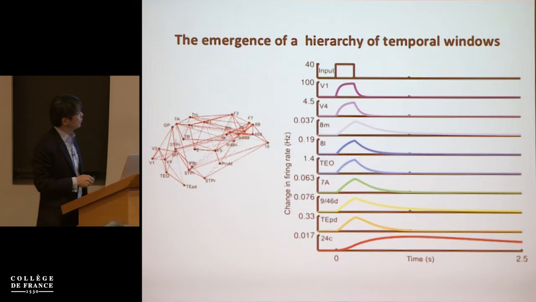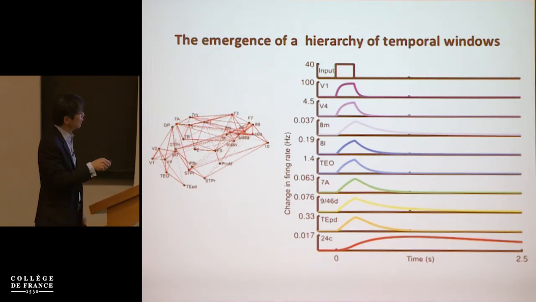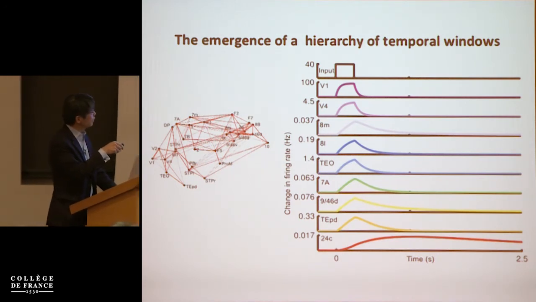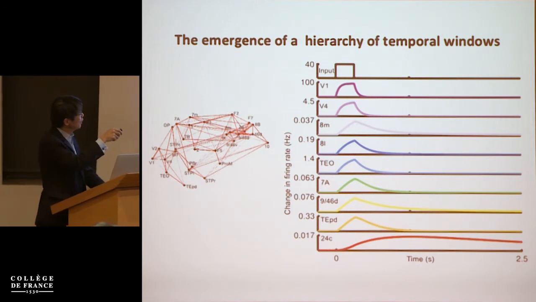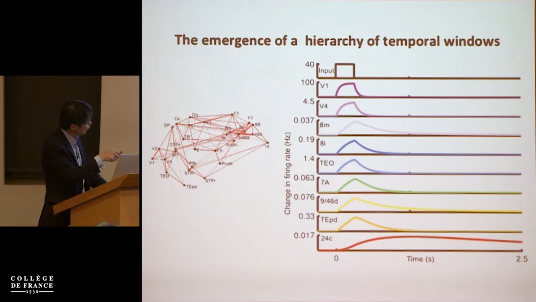So let's see the simulation result of this model. This is the behavior of the model given an input to V1. If you're receiving a visual input, V1 responds vigorously and quickly. Different sample areas are in different colors here as a function of time. You see that the time course is quite different from area to area. V1 responds quickly, but decays away quickly as well. But some other areas show a slower response.